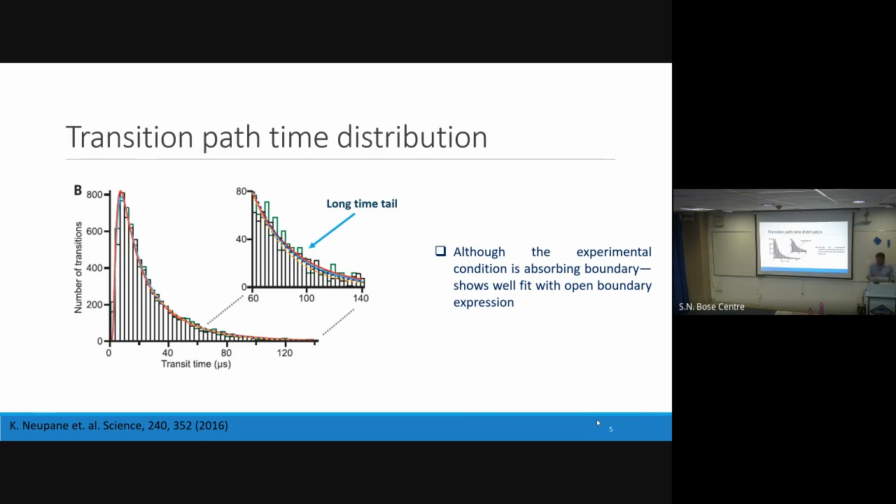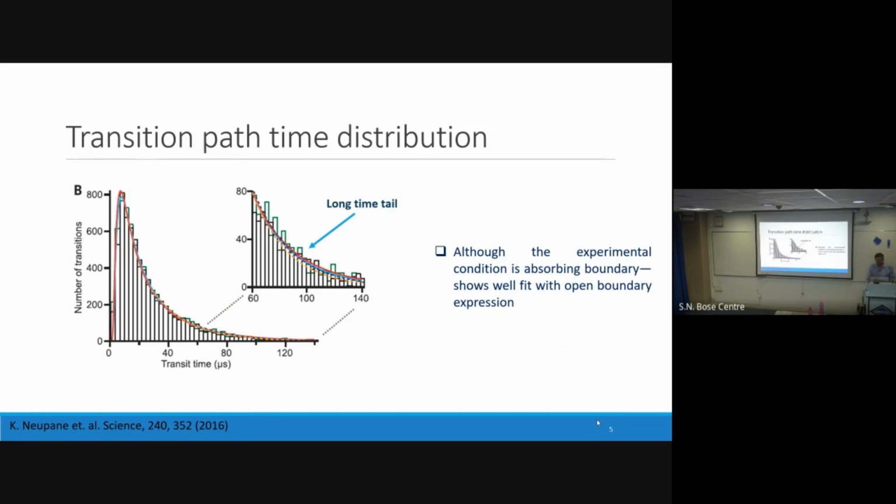So the experimental histogram is shown with a solid line fit, which is the analytical result, the expression for this, and it shows a very good fit of this transition path time. And the long time region is zoomed in on top, where it shows the long time tail, which is exponential, and it is also well fit with the available theoretical result.